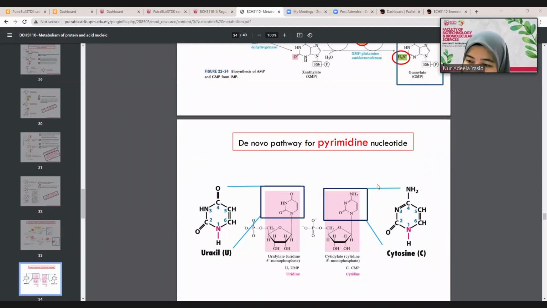What is the difference? Cytosine has this amino group, instead of uracil, which has this keto group. So this is the structure of UMP, uridine monophosphate, and this one is CMP, cytidine monophosphate or cytidylate.